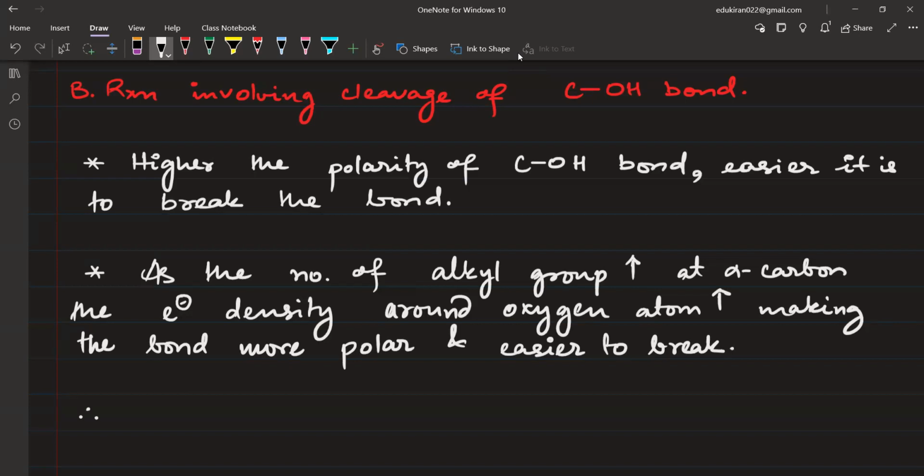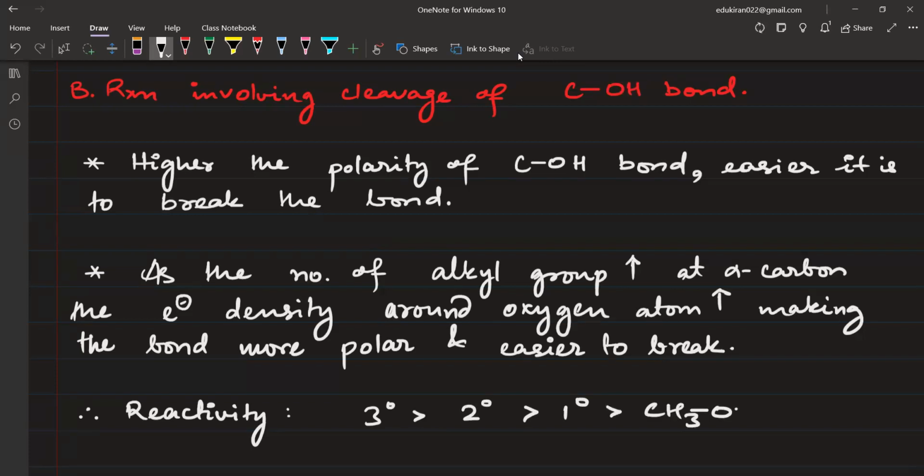So therefore, if I talk about the reactivity of different alcohols, 3 degree will have the most carbon atoms attached at alpha, so it will be the most reactive, followed by 2 degree and followed by 1 degree, and the least reactive here will be CH3OH.